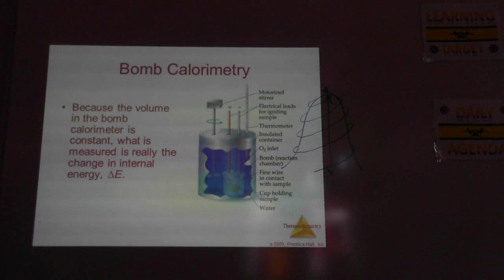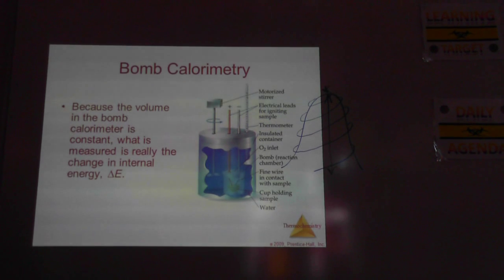All right. Now, because the volume of the bomb calorimeter is constant, obviously the calorimeter is not going to be changing its volume. That's a metal container. What we're really measuring is the change in the internal energy, delta E. So as the reaction occurs and you measure the temperature change in the water, that is going to be directly related to the internal energy.